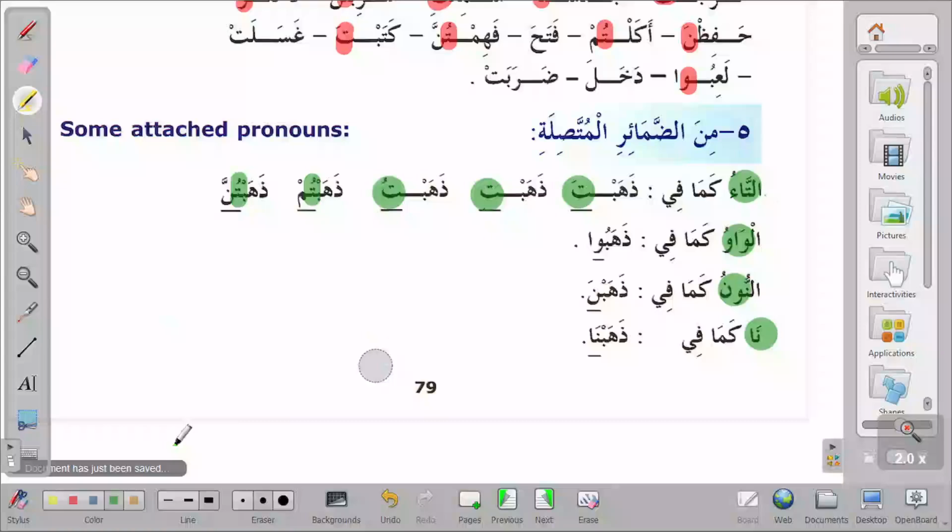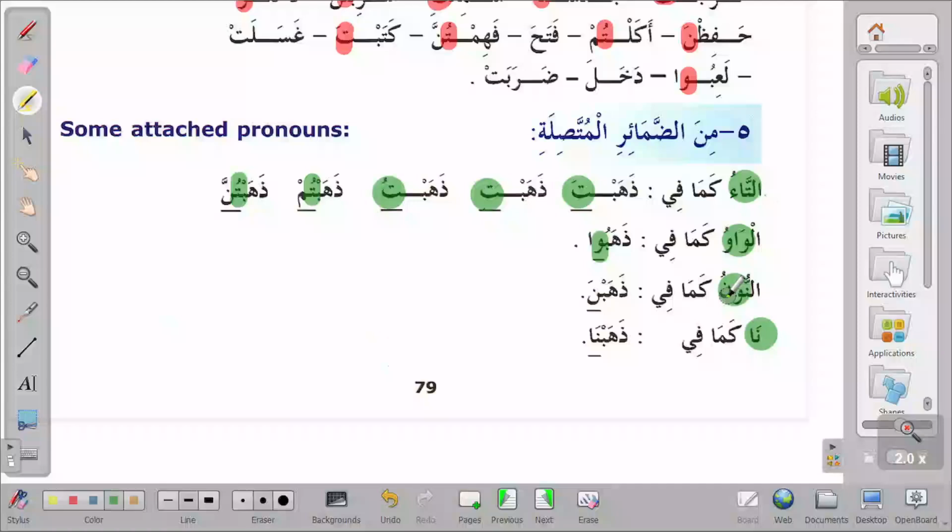Okay, then we have waw here, as you can see, kama fi, as it is. So when do we have a waw as the doer? Like when we are having zahabu, jalasu, akalu, gasalu, qa'adu, in that form. Okay, they. Then we have noon.